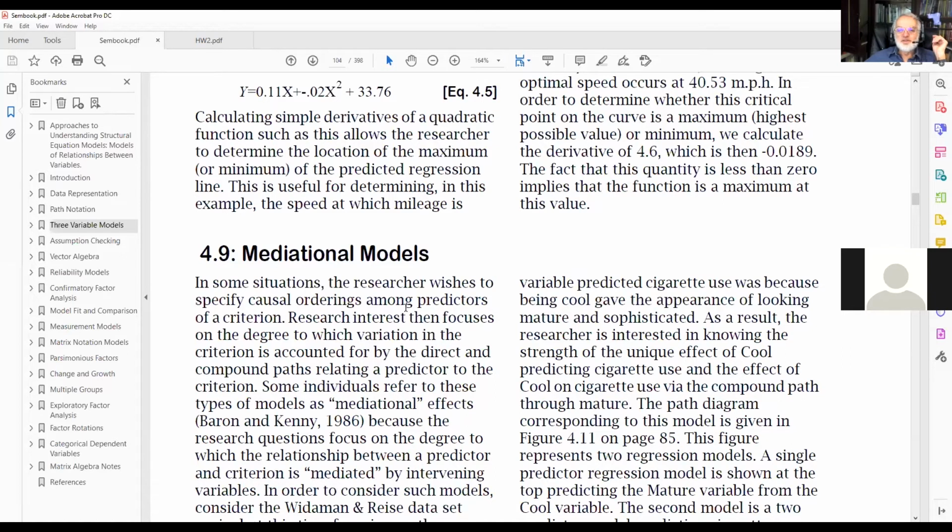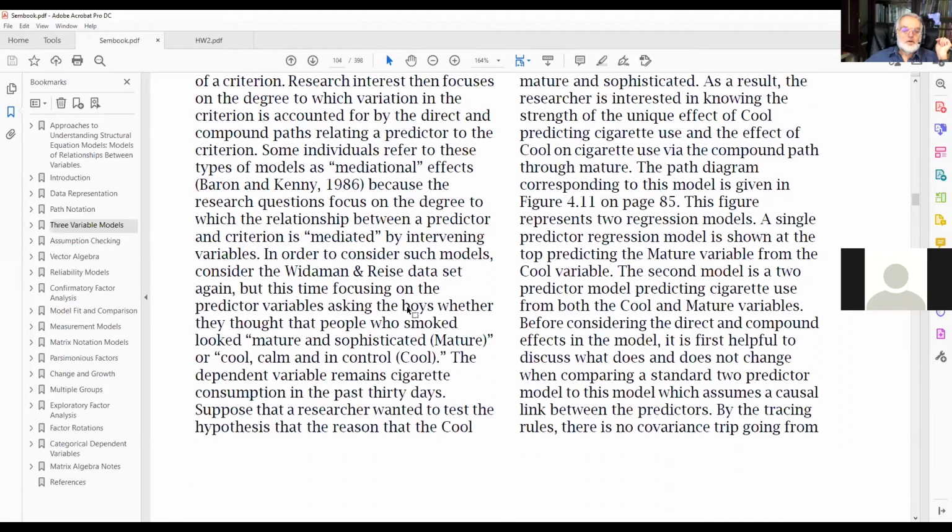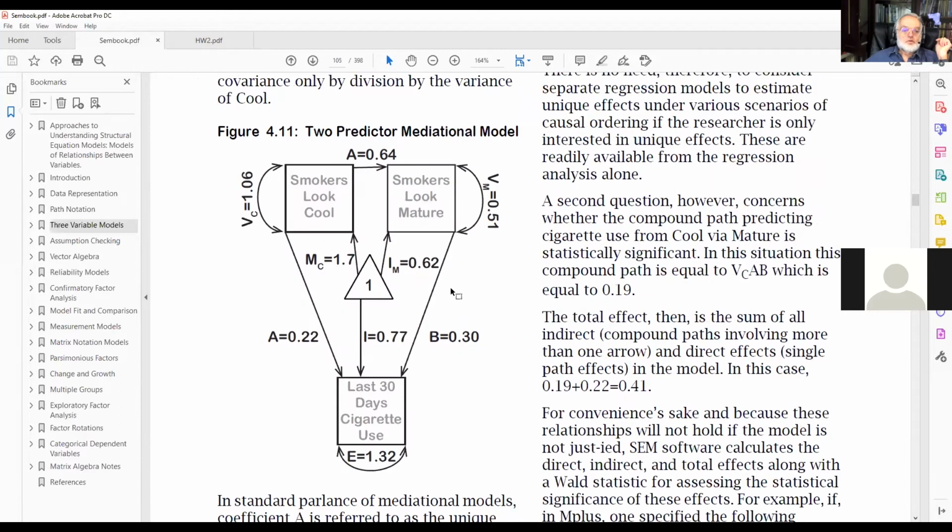And I kind of spoiled the surprise here that when you're looking at mediational models, the estimates of the unique effect are nothing more than our old friend, the regression weight. So here's a model, which is a mediational model.